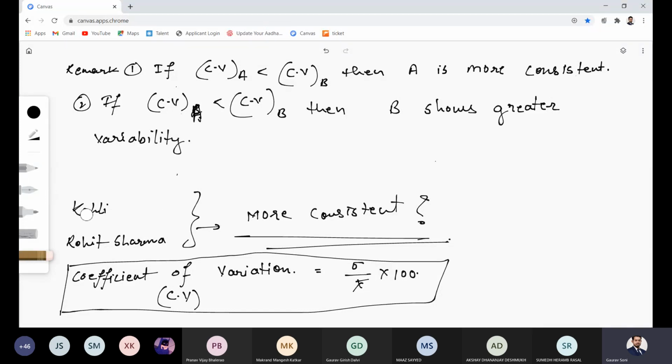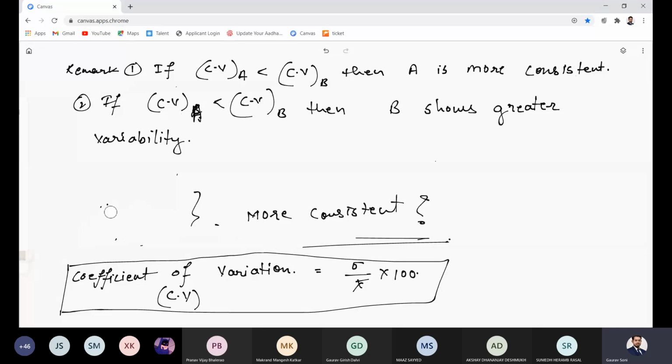So it's all about what I want. If I want to calculate who is more consistent, then I will look at the lesser coefficient of variation. If I want to find out who shows greater variability, I will look at the larger coefficient of variation.